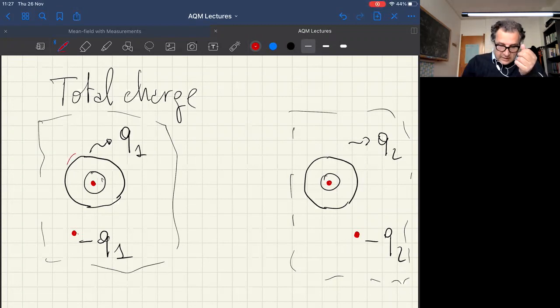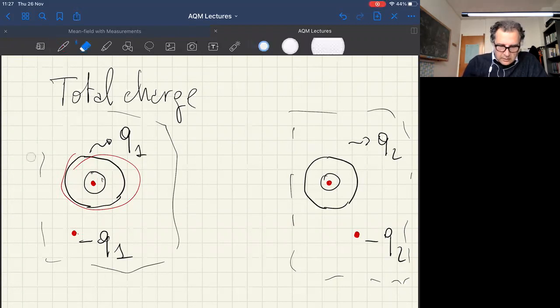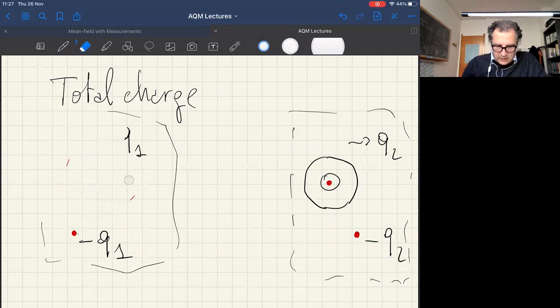Now, in this case, you may have additional effects like quadrupole or higher moments, okay? So I don't want to discuss that for the moment. What I want to say is the following. I don't know how to draw it in a nice way. Let's see.